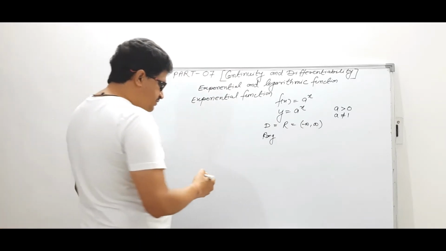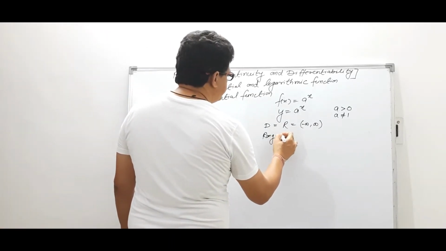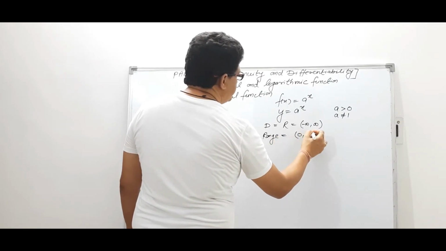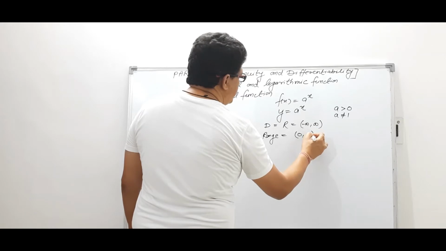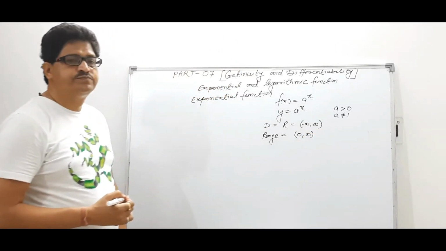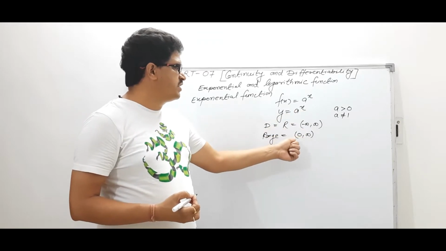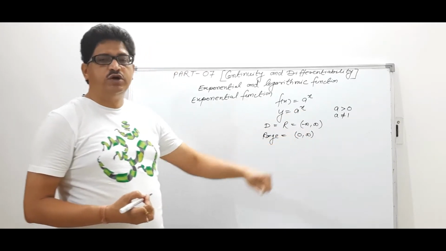Its range is 0 to infinity. The value of this function is always greater than 0. If you take any value of x, you will always get an answer in 0 to infinity.